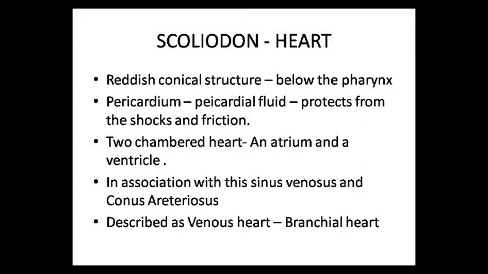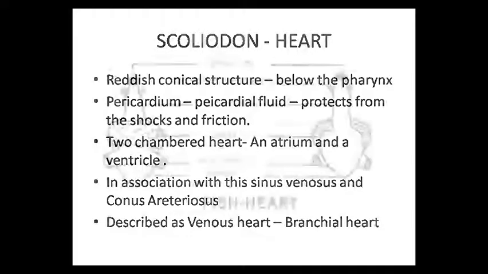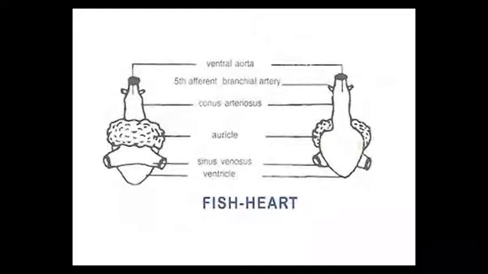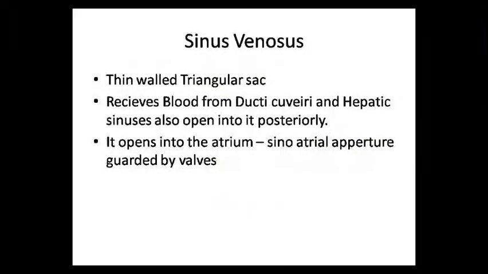Okay, this is the introduction to the heart in Scoliodon. This picture shows the dorsal view. The first one is the dorsal view and the second one is the ventral view of the heart. We have already discussed that there are two main chambers, one atrium and one ventricle.